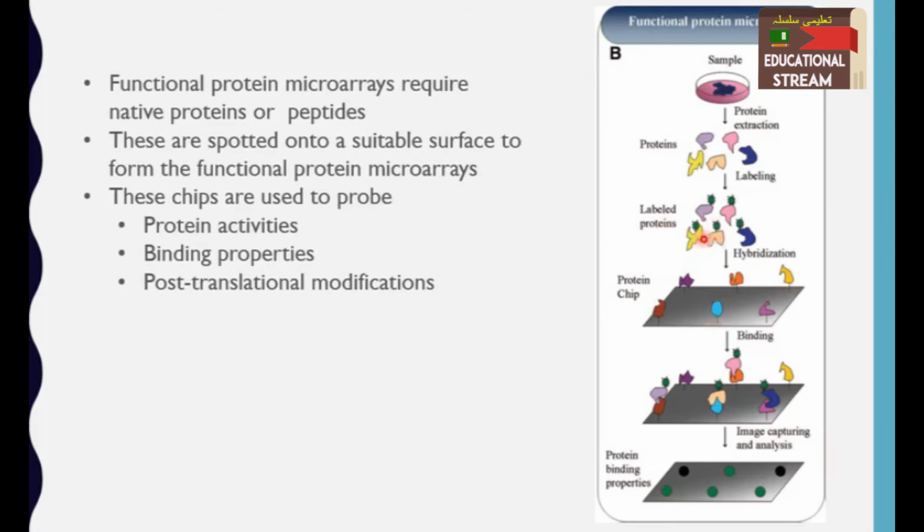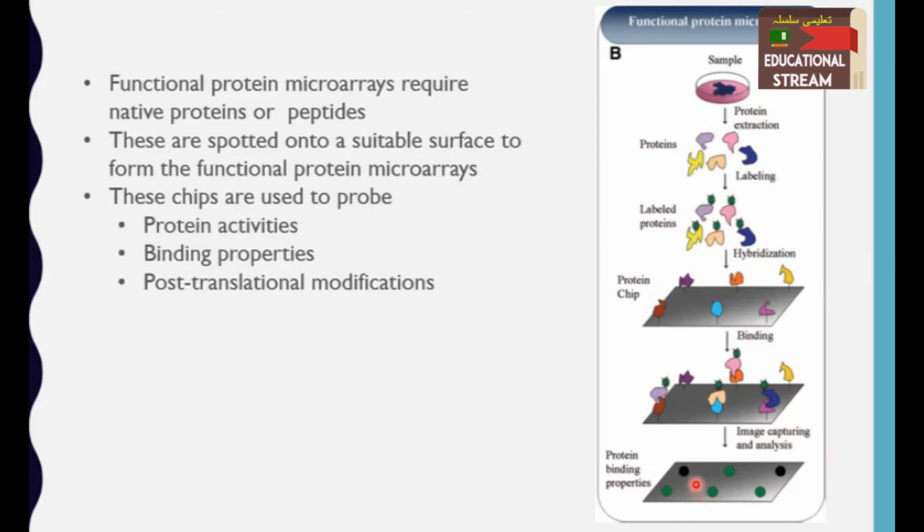Labeled proteins will hybridize to their specific partner proteins, and after image capturing we analyze the result, and the spots that light up are the candidate binding partners. The proteins which were spotted at these places have found their partner, and it is shown by the green color, and the black color shows that there is no binding partner for these proteins.